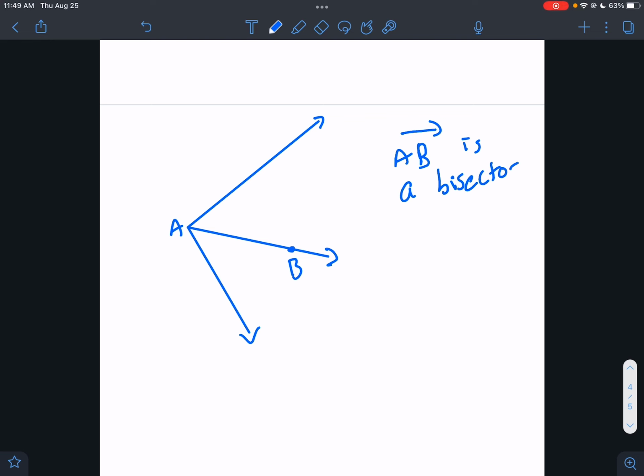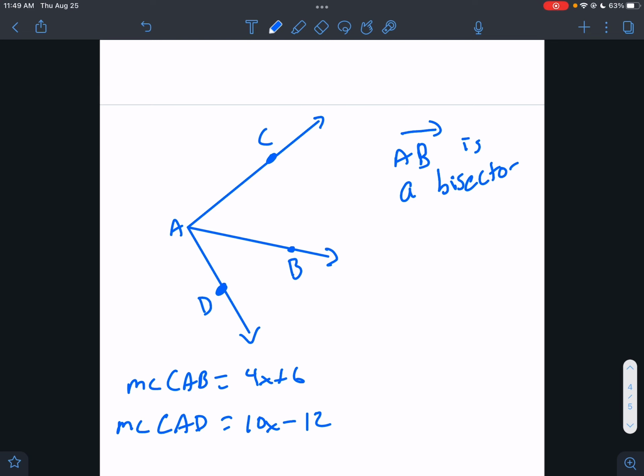And let's say that we have, let's put some other letters, C and D. So let's say they tell you the measure of angle CAB equals 4x plus 6, and the measure of angle CAD equals 10x minus 12. All right.